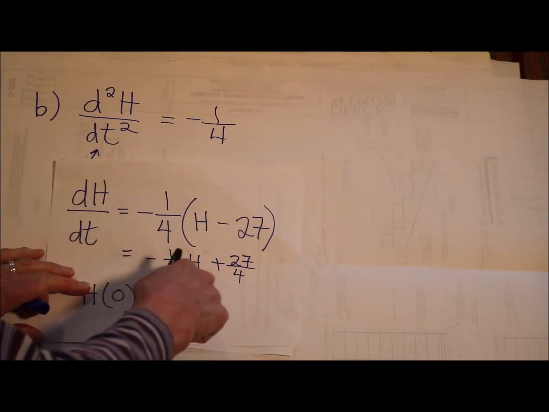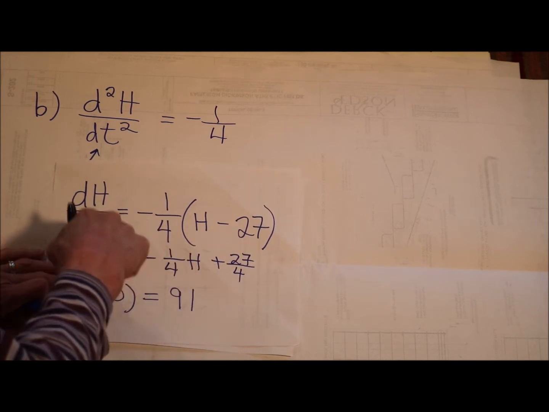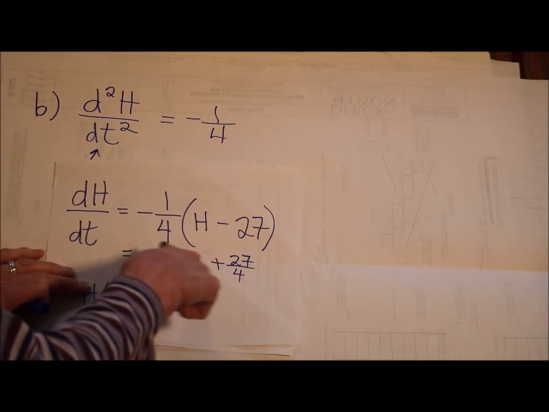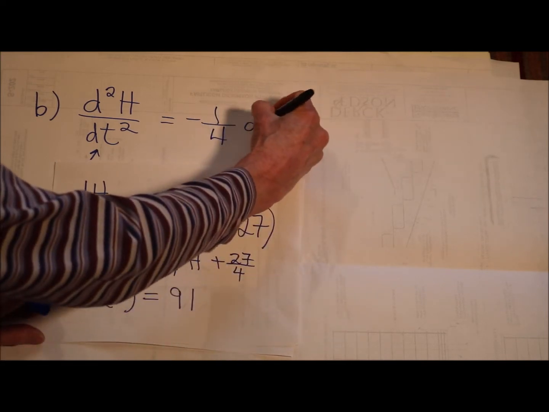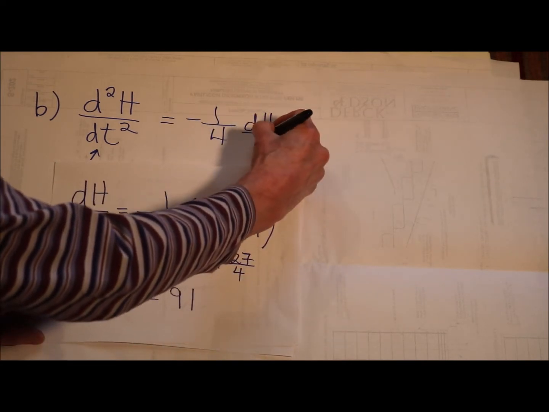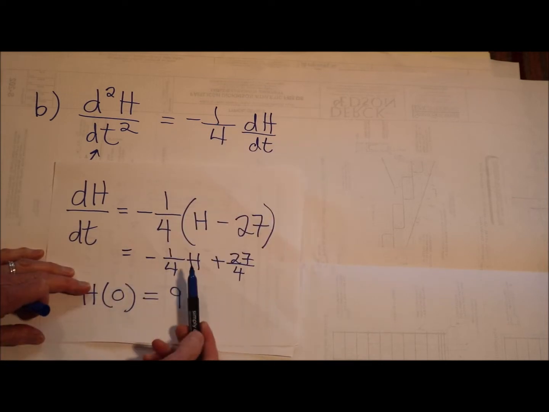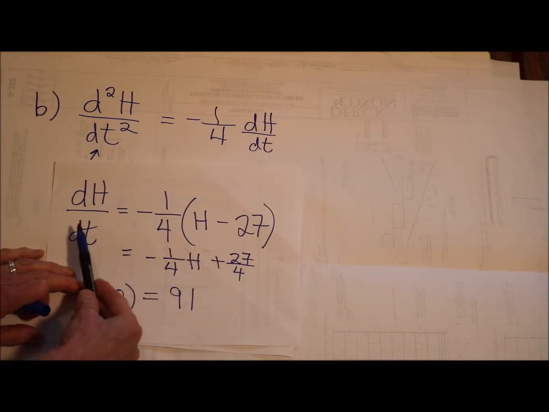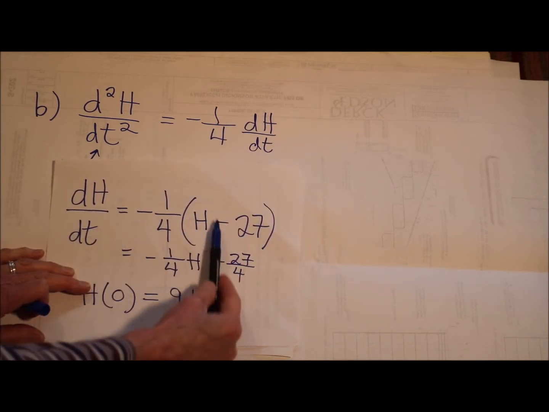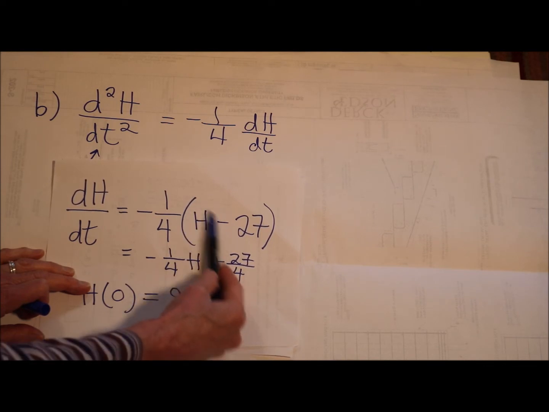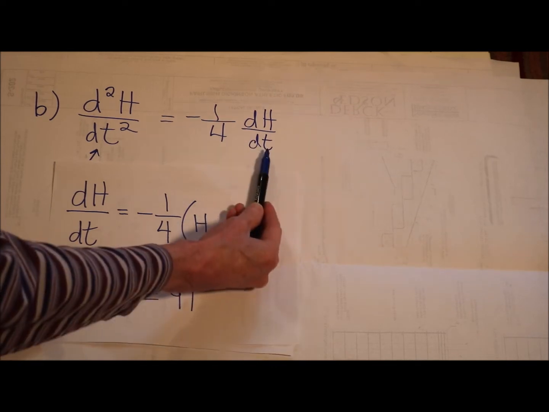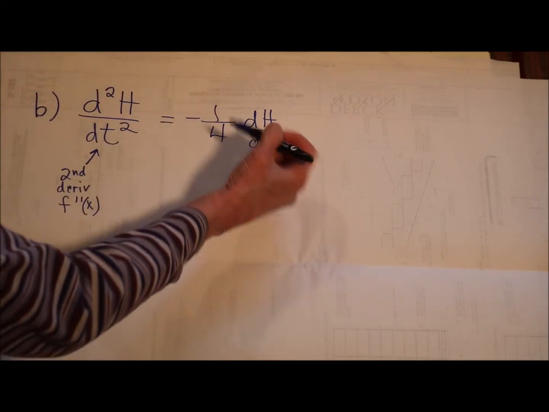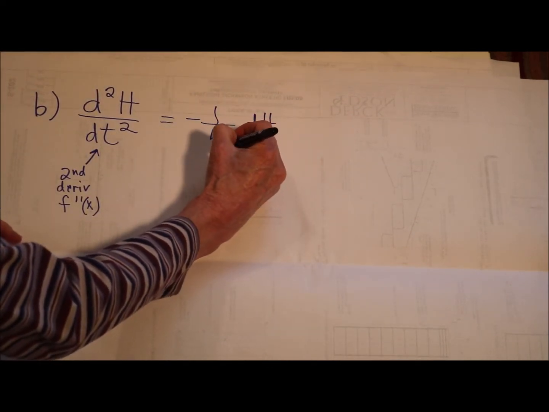And then you have to realize that h is an h, not a t. That's the dependent variable. That's like the y. So the chain rule applies, times dh/dt. Cannot stress enough, when you take the derivative of something and you have a dependent variable in there, like your y, the chain rule applies. So don't forget the chain rule when you're taking the second derivative.